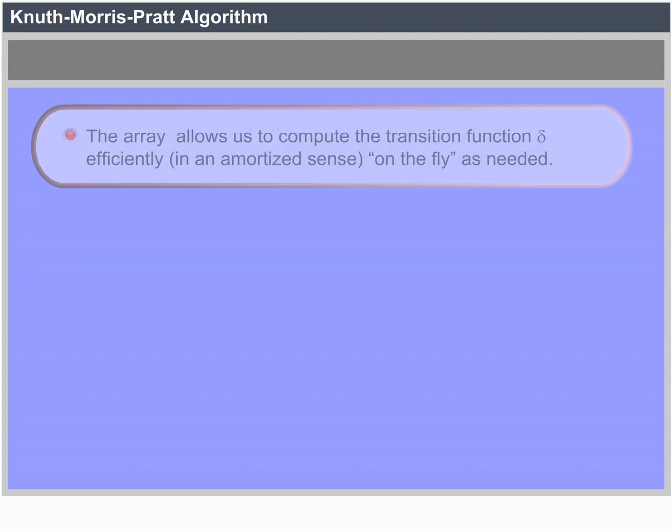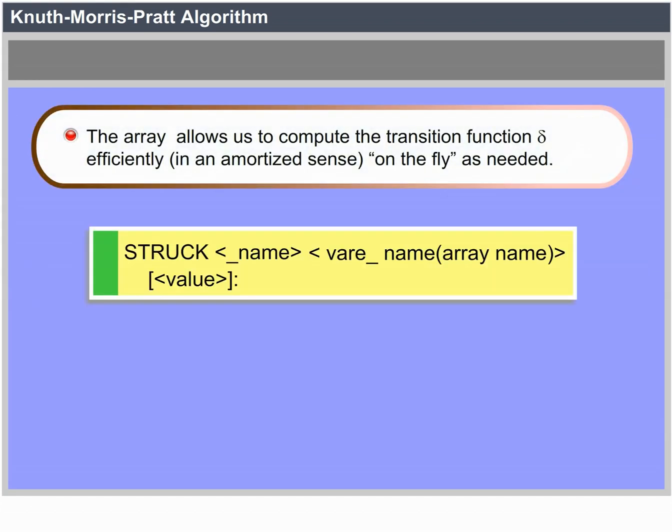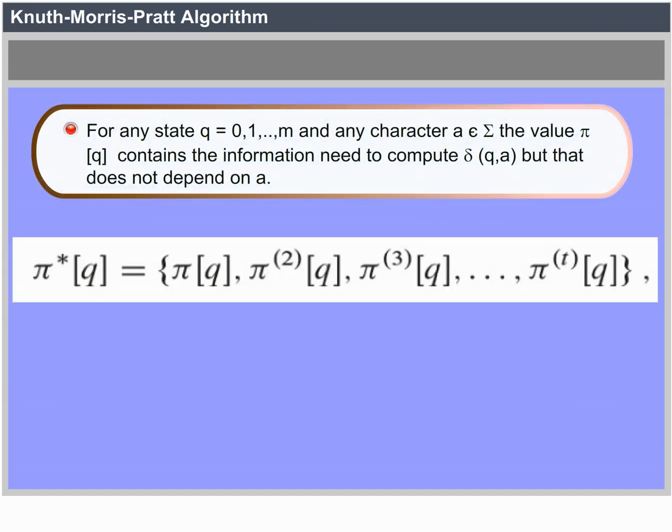The array pi allows us to compute the transition function delta efficiently in an amortized sense on the fly as needed. For any state q equals 0, 1, up to m and any character a belongs to sigma, the value pi of q contains the information needed to compute delta of q, a, but that does not depend on a.